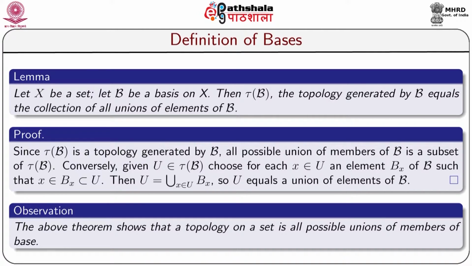Let us make an observation that the above theorem shows that a topology on a set is all possible unions of members of a basis.